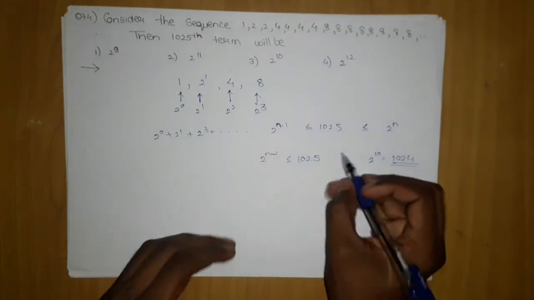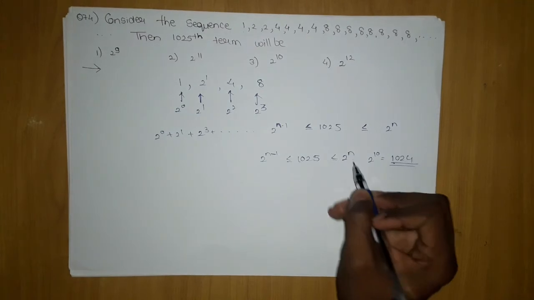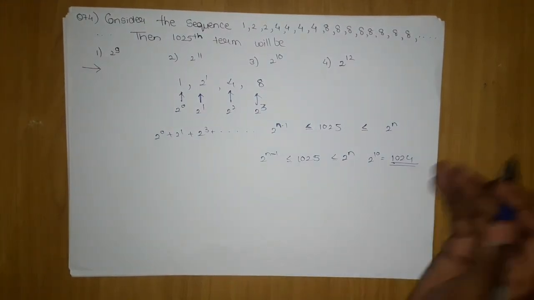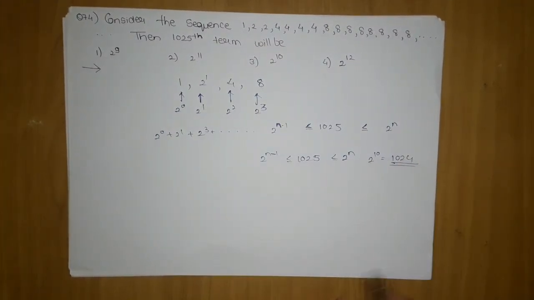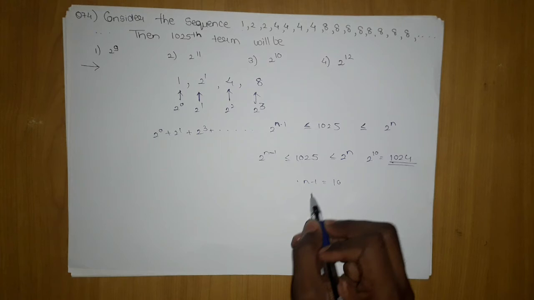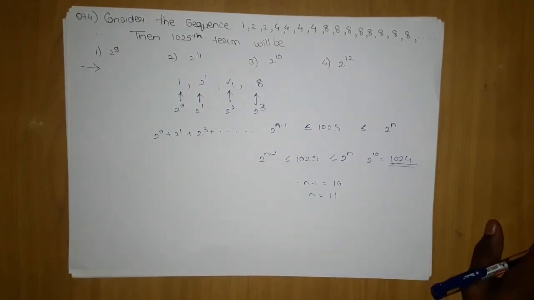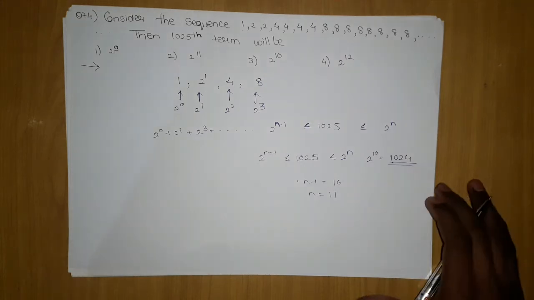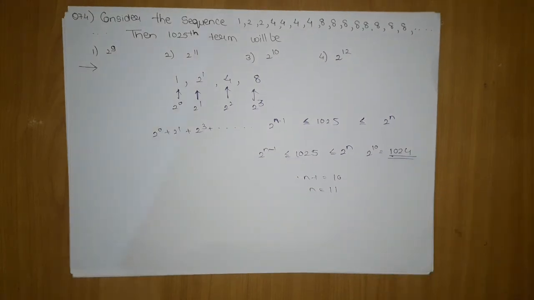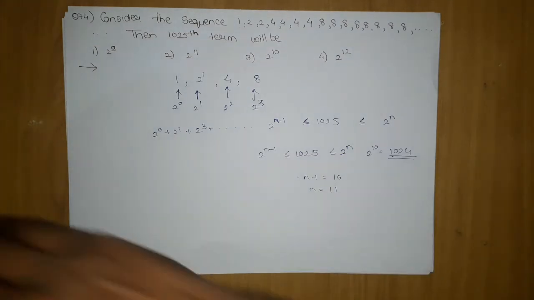We will compare it with 2 power n also. The possible value will be near to this, which we will take as 2 power 10. If you compare them directly, n minus 1 should equal 10 and n equals 11. This will make your answer wrong. You have to take the nearby value, because in this question a set will appear in which one number is repeated, and in that set only the 1025th term lies.